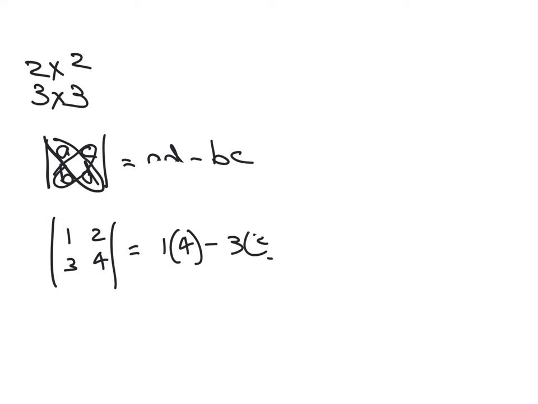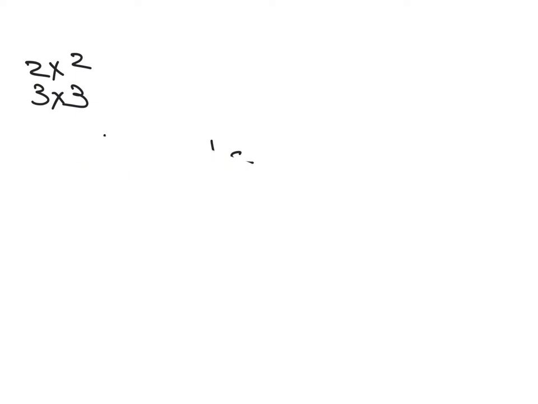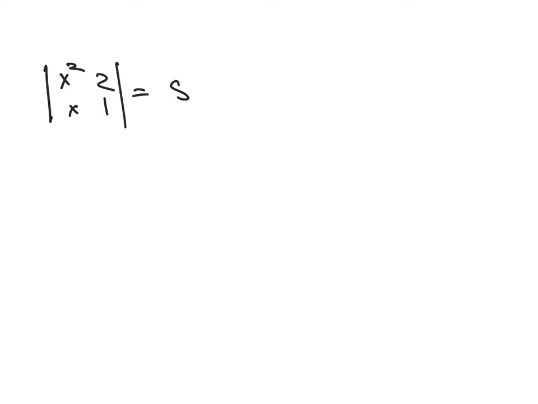All right, so if we look at example number 2, they're using it in a somewhat useful way. They're setting that equal to 8, and then they're taking these two multiplied together minus these two multiplied together equals 8.